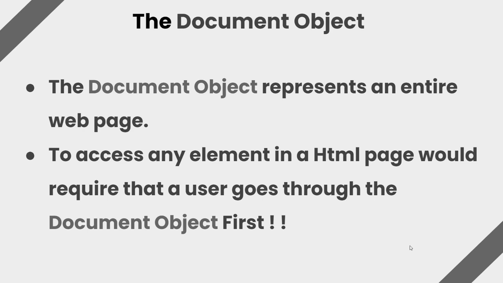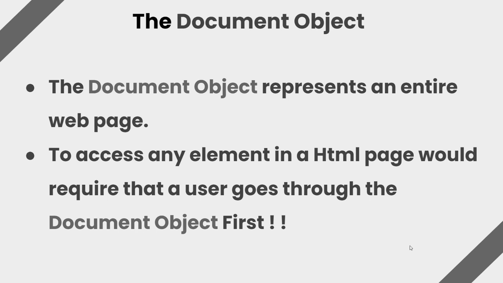That's the part where we had the document before the HTML element. So as I said before, the document here represents your HTML document or your web page. So the document object actually represents the entire web page or the entire HTML document.